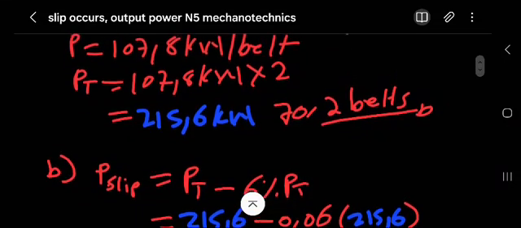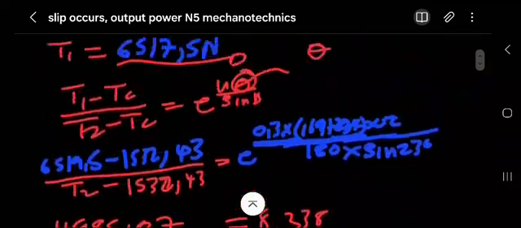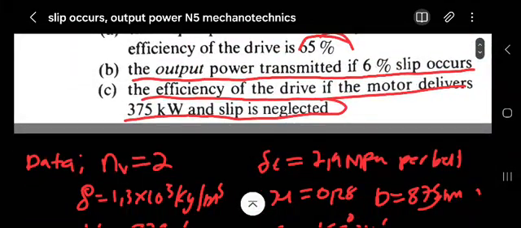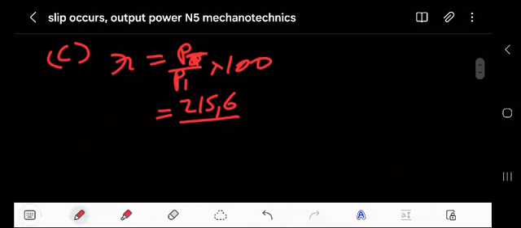Over the one that you've been given, the delivery one, when the motor delivers this, this is an input. The motor cannot be output.